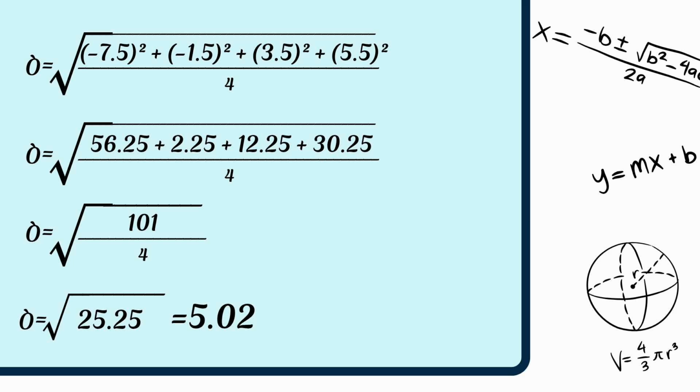So, standard deviation equals the square root of 25.25, which is approximately 5.02. The population standard deviation is 5.02.